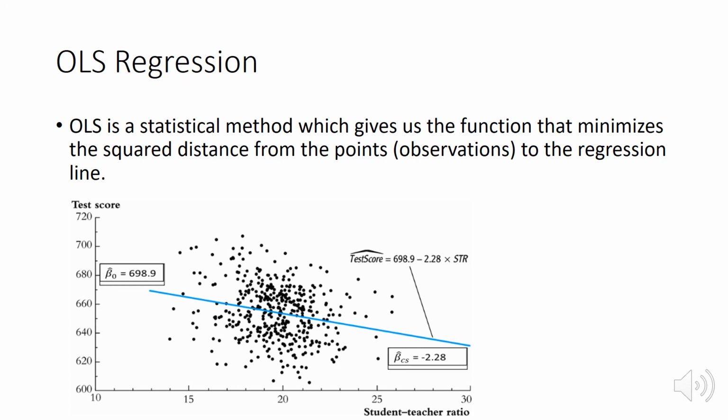And that line of best fit gives us an intercept term, beta naught. So it looks like the baseline test score is 698.9. That's before we take any measure of class size into account. And as student-teacher ratio increases, average test score goes down by about 2.28.